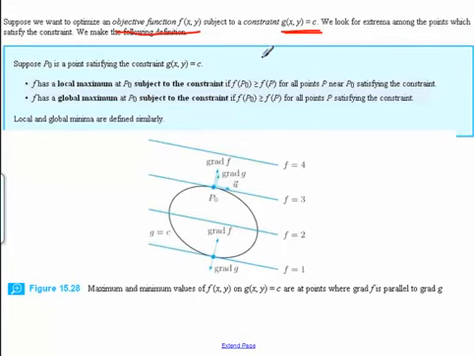And we have the following understanding: f will have a local maximum at some point P naught, provided that point is the biggest point for all points near P naught. So a local maximum says that in that general area, that is the biggest value. And it's going to have a global maximum when that point is bigger than all other points satisfying the constraint.